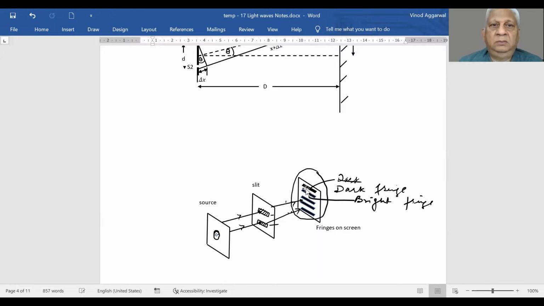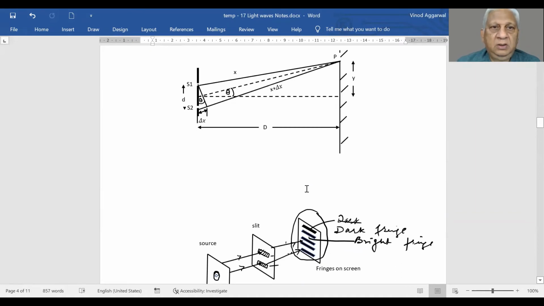Okay. Now, how is the experiment set up? It is like this. This is our two slits, shown here as this one and this one.